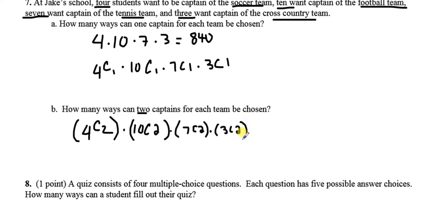So a little bit of calculator work. I like to do each one separately. 4C2 is the number 6. 10C2 is 45. 7C2 is 21. And 3C2 is 3. 3C2 is the same thing as 3C1, actually, if you think of how many ways you can pick 2 people out of 3.